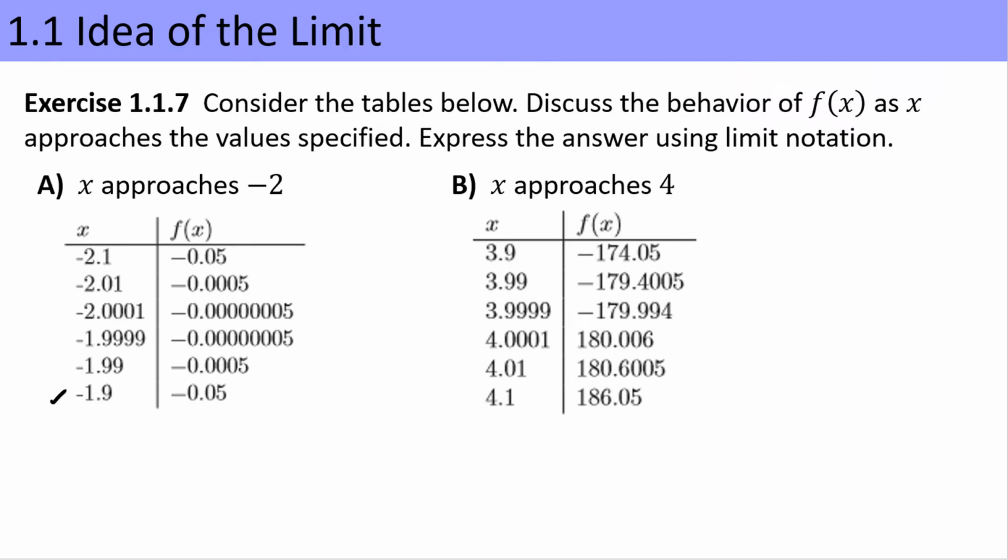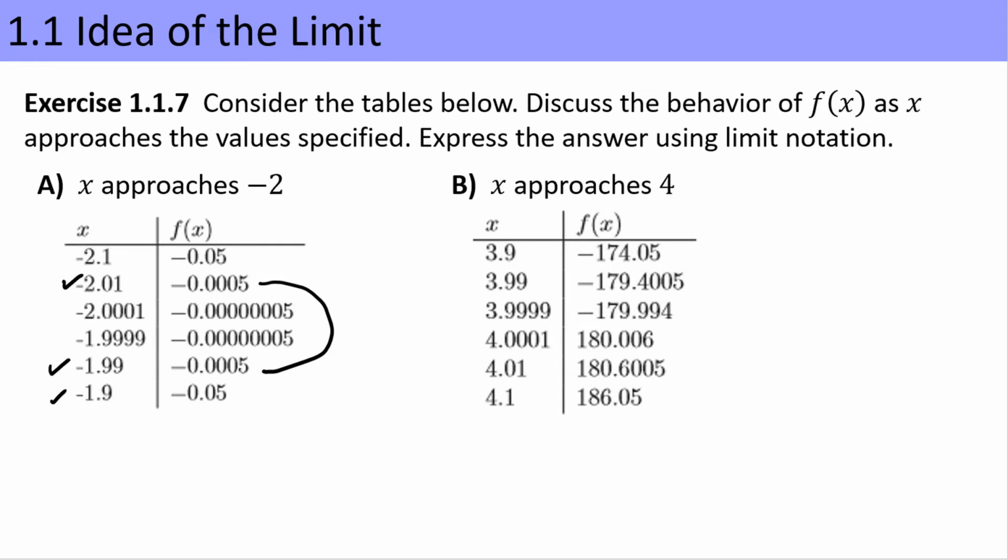And at x equals -2.01, the function value is -0.0005, and at x equals -1.99, it has the same function value, -0.0005.